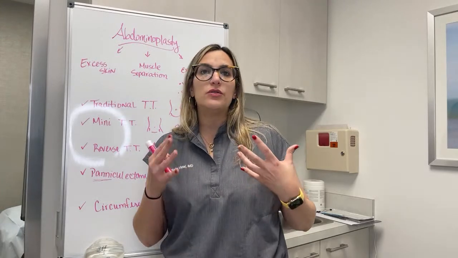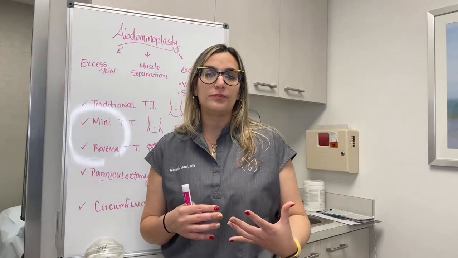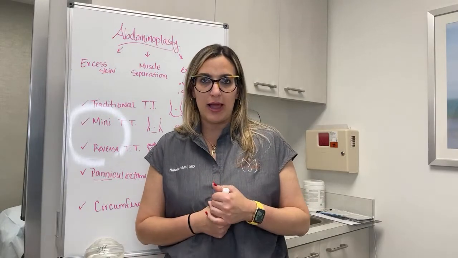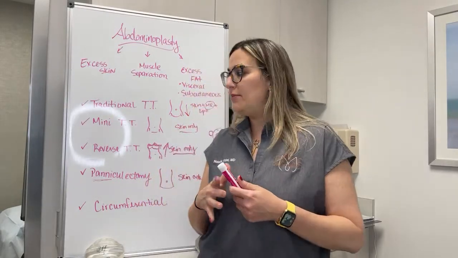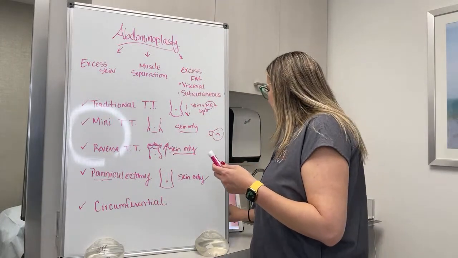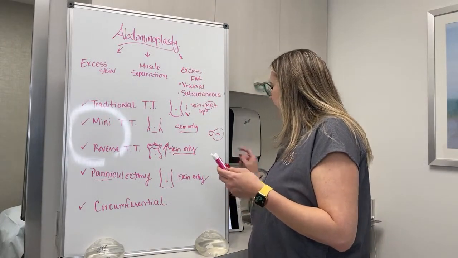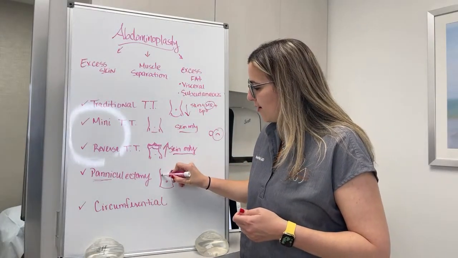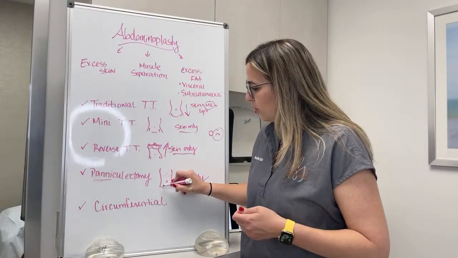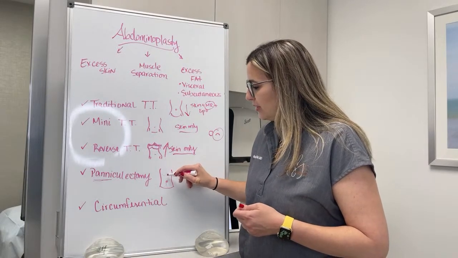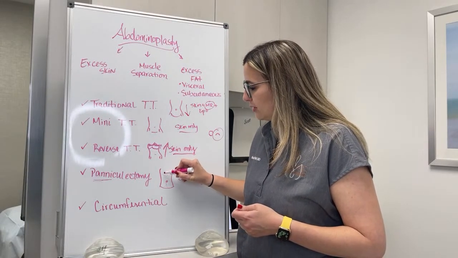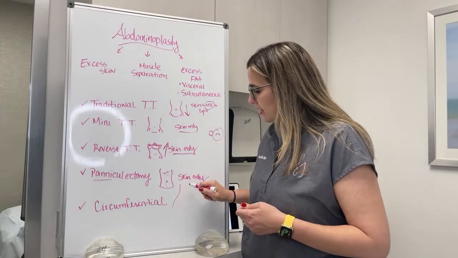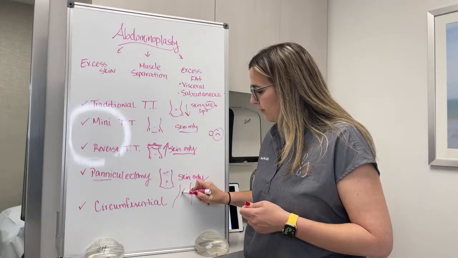Another procedure that's very common for massive weight loss patients is a fleur-de-lis abdominoplasty. What is a fleur-de-lis abdominoplasty? It's basically when you have excess skin in the upper abdomen. So in this area you have folds of skin too, not only down here. You bring these folds of skin to the center and excise the skin in this manner.